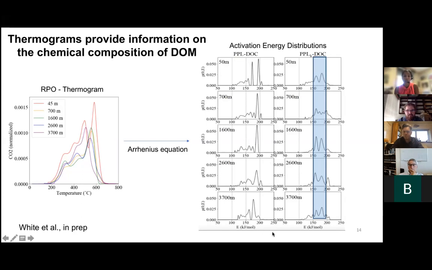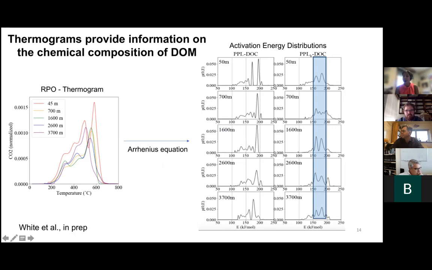One is looking at the original PPL DOC extract, and the other is the more refractory component that's isolated after acid digestion. On the x-axis you're looking at activation energy distributions, and on the y-axis is the percentage, the fraction of carbon that was present in the sample at the beginning. What I'm really trying to draw your attention to here is the distribution of activation energies in these two fractions with depth.